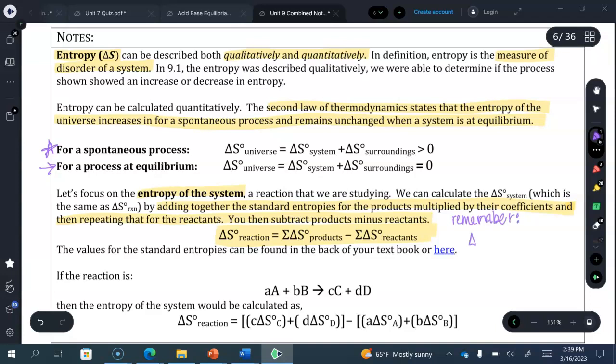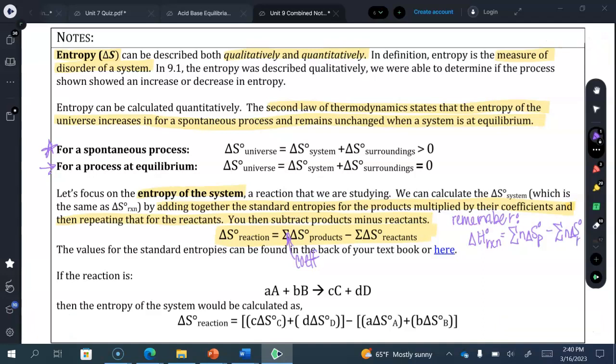That enthalpy was also a state function, delta H, and the delta H of the reaction could also be calculated by the sum of, and I like to write the n in there, the coefficient, of the enthalpy change for products, and then subtract the reactants from that.